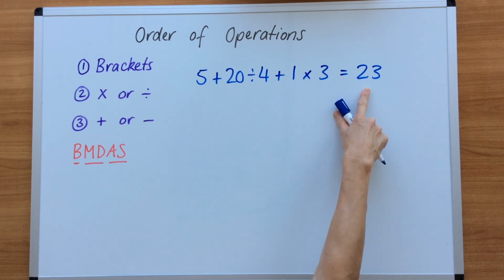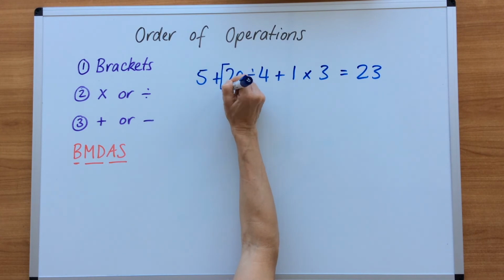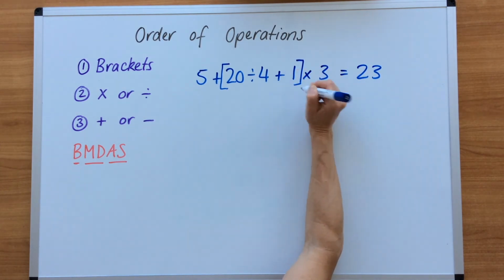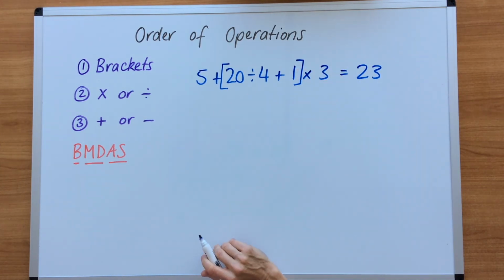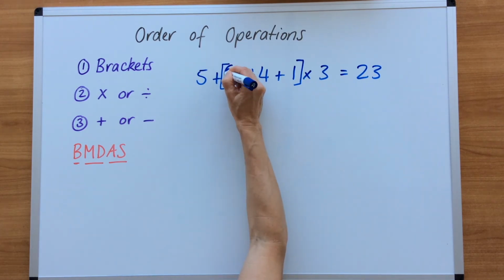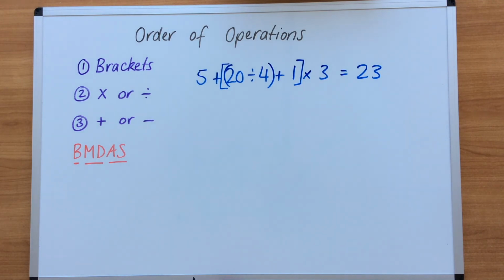Now in this case, there's going to be some inside and outside brackets. So if I place the big bracket around 20, and also around the 1, I've got my first big outside brackets. But in order to achieve the answer of 23, I've got to put a curved bracket around the 20 and the 4.